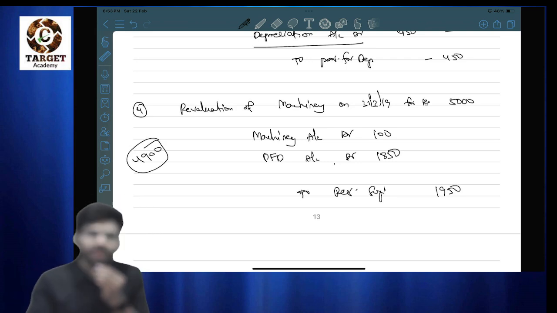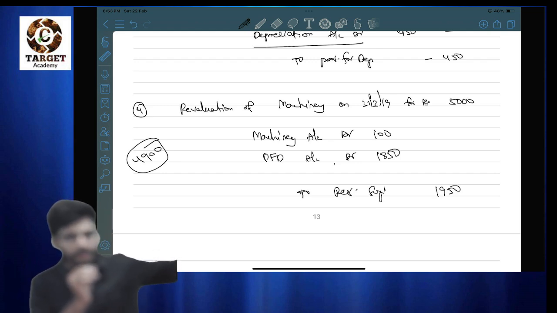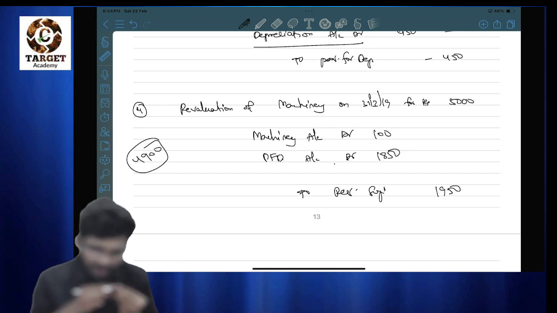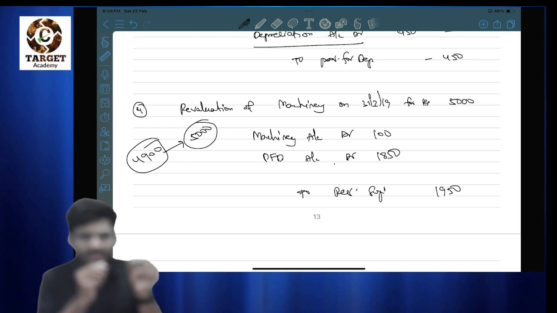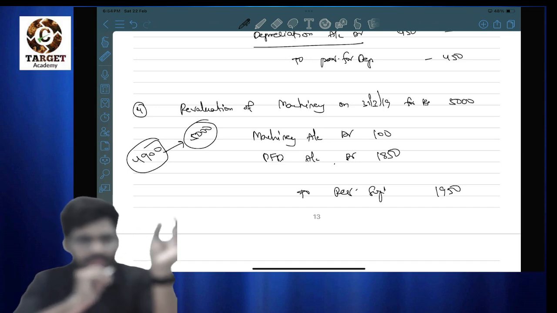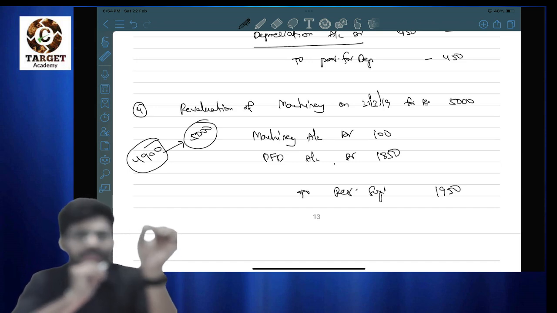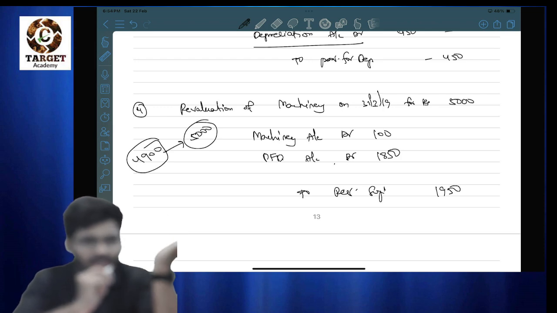On 31st March 2019, the cost of the asset is 4900. Now that was revalued to 5,000. Only the asset value got revalued. How much amount? 100 only, not 1950. Understood or not? This is a special point or not? Yes.